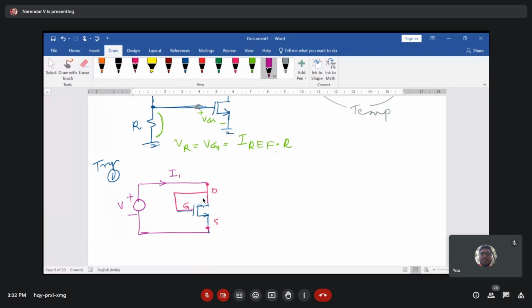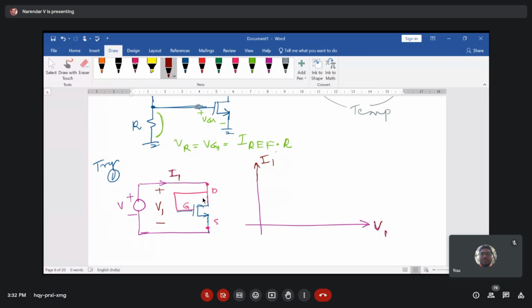When you plot ID versus VGS for this diode connected MOSFET device, this is V. Now we can measure the voltage across this transistor, which is V1, because there is a current I1 flowing into this diode connected MOS transistor, and as a result there is a voltage across this diode. So we call it V1, and the current I1.